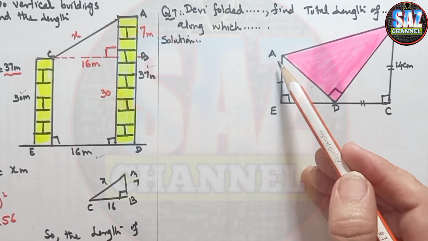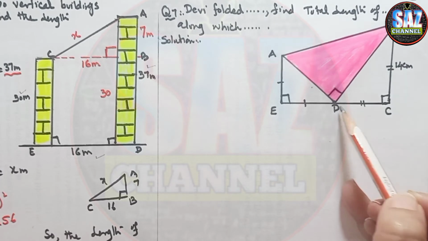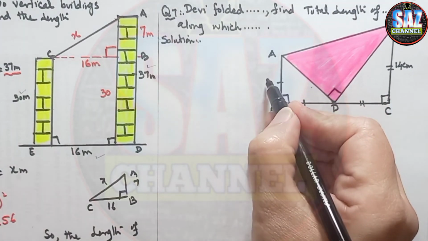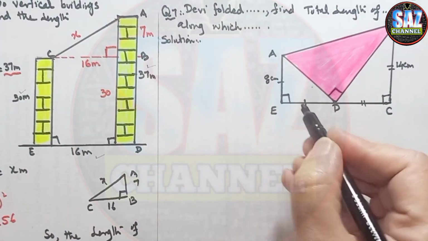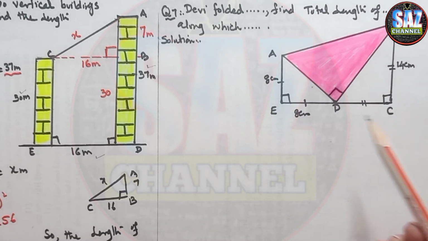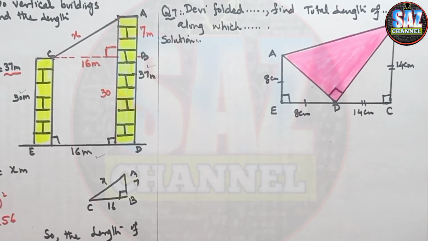Given further that AE equals ED, and this is 8 centimeter, given in the question. Let me write the measurement here, 8 centimeter, and this is 8 centimeter. And DC equals BC, which is 14 centimeter. Find the total length of the sides along which the glue has to be applied to seal the envelope.